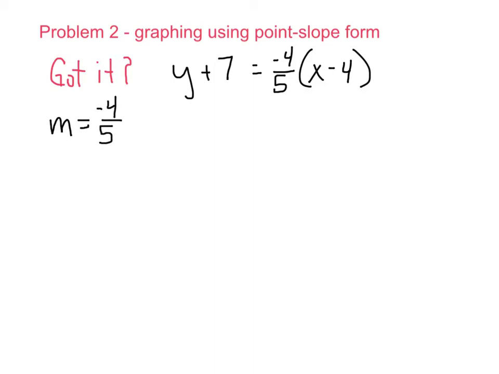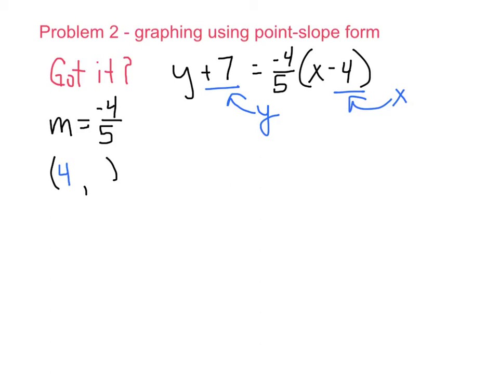Now your points. This can get a little tricky, but it's pretty easy, but you've got to be careful of these two values. This is obviously your x value, and this is your y. However, remember your formula is x minus whatever your x value is. So here it's just 4. So your x value is 4.